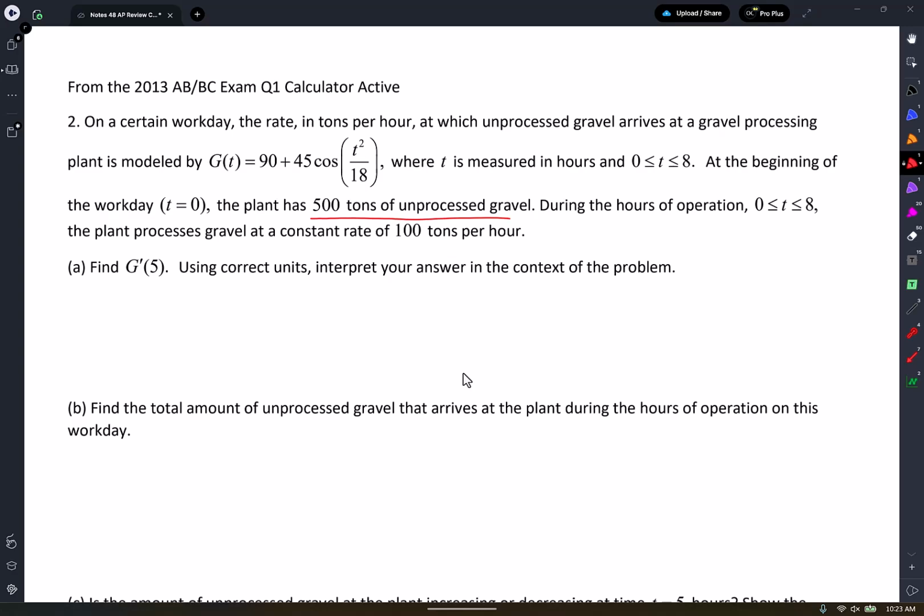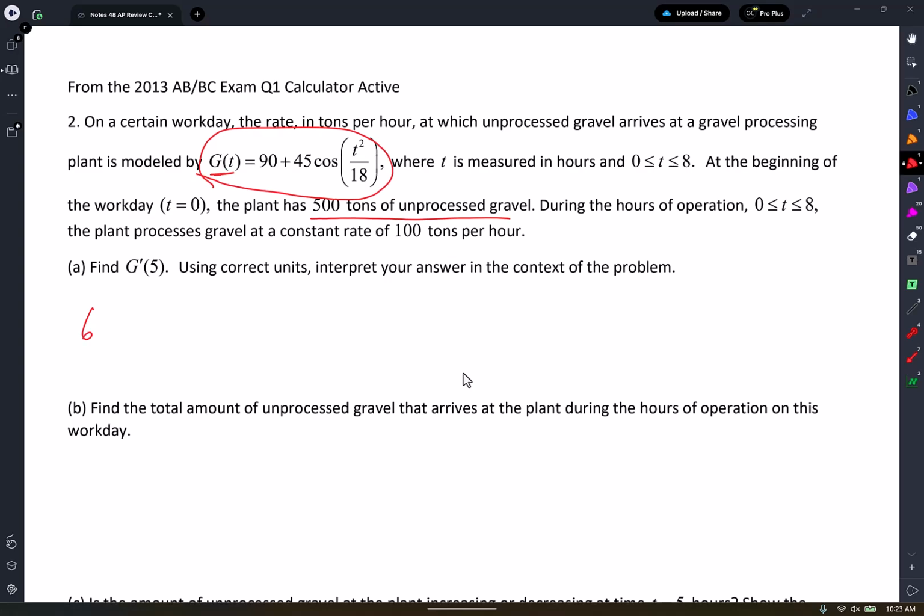Do you want the screen checker? It's in there somewhere. No, you're good. All right. Read letter A. Okay. Well, what was G? What did G stand for in the beginning? The rate at which unprocessed gravel arrives.